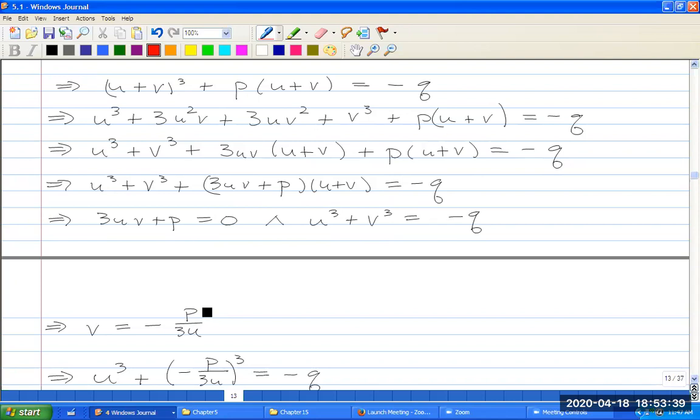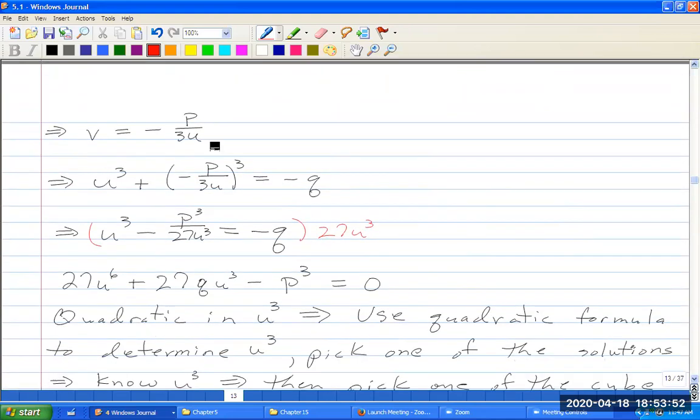So v is equal to minus p over 3u. If I assume that v is minus p over 3u, then substituting for v, I get u cubed minus p cubed over 27u cubed equals negative q. Multiply both sides of my equation by 27u cubed. So now I get 27u to the 6th plus 27q u cubed minus p cubed equals 0.